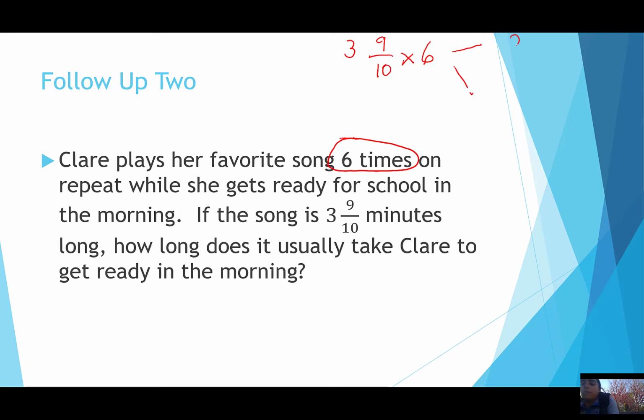To me, there's 2 number sentences that we're going to write from this. We're going to do the whole numbers, 3 times 6. Then we're going to do the fractional pieces, 9/10 times 6. So if I do 3 times 6, I get 18. If I do the fractional piece, 9 times 6 gives me 54 tenths.